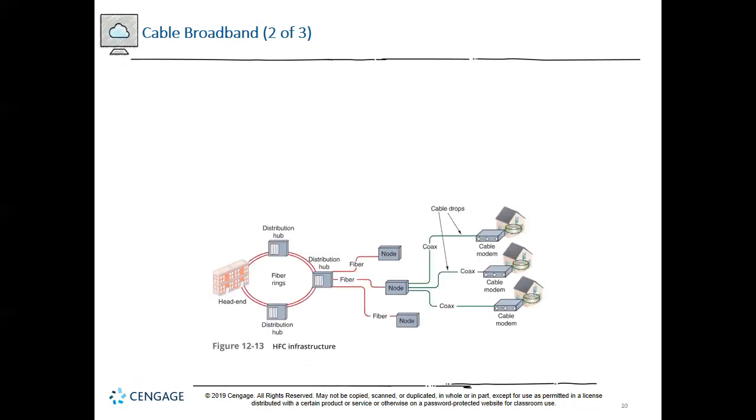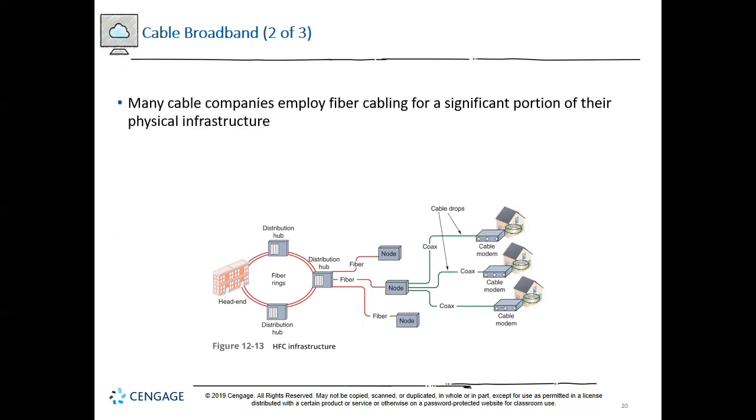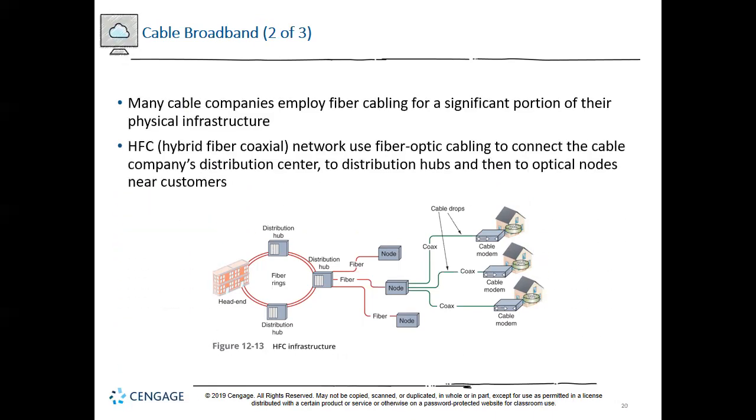Now here's our SONET. I think this is our SONET. Pretty sure it is. Oh no, this is hybrid fiber coaxial. I saw the fiber there and I was thinking SONET, but what we've got here is fiber in the backbone, and out here we've got cable coming to individual houses.